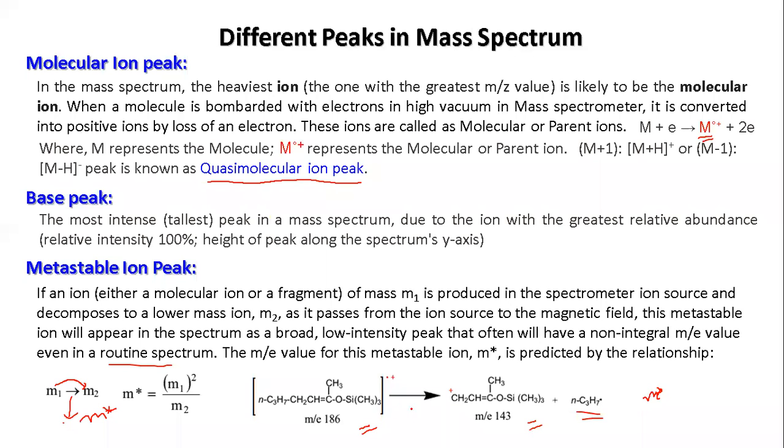So what could be the M by Z in between where you can get the metastable ion? Can anybody quickly find out? I have a doubt here in this case. Just using this equation, can anybody tell the value of M star, the metastable ion M by Z value?